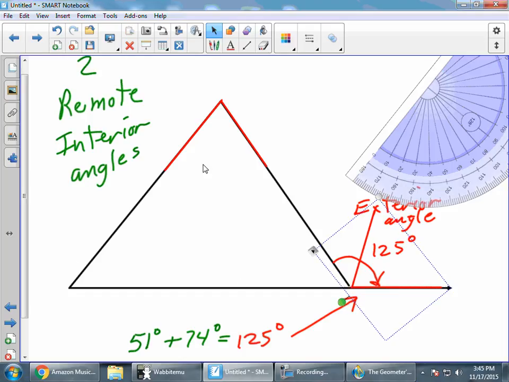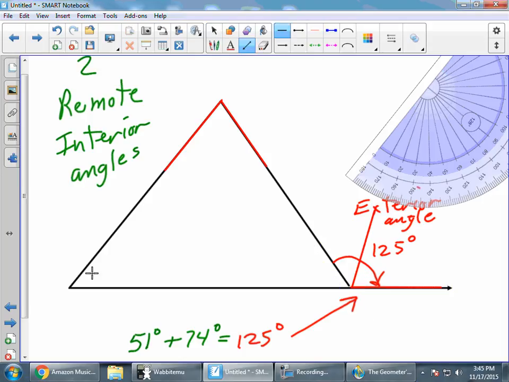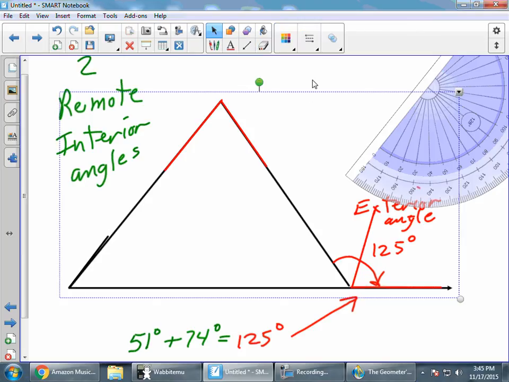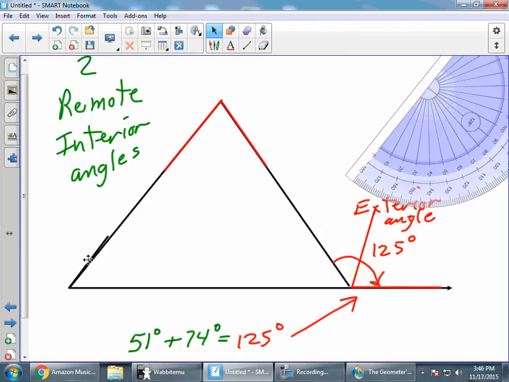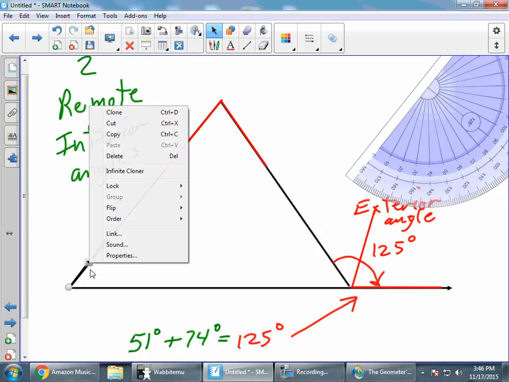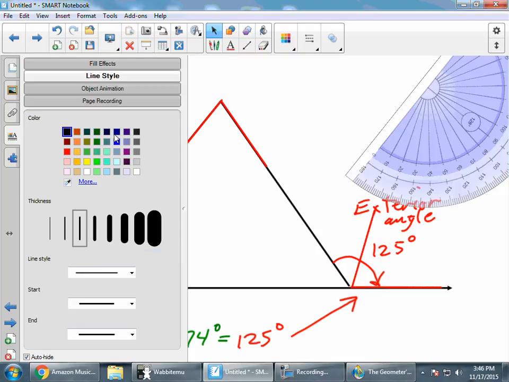Okay, then one more time. I have that one. And another color. I don't want to use black either. It's too hard to see. Not there. I can fix it. We have the technology. Make it blue.